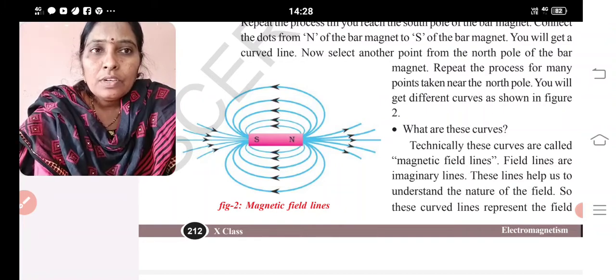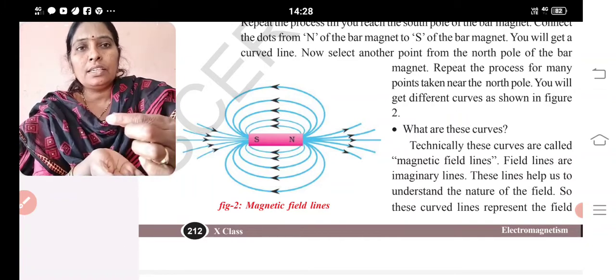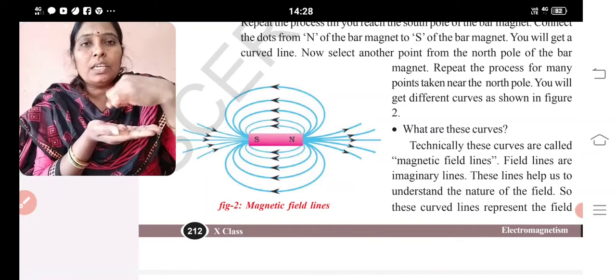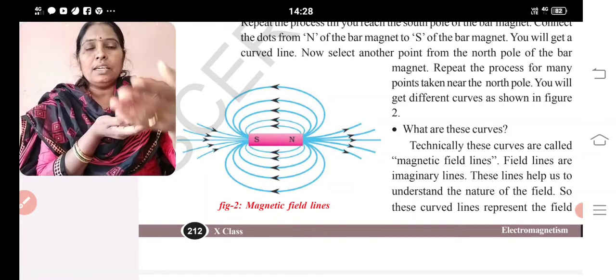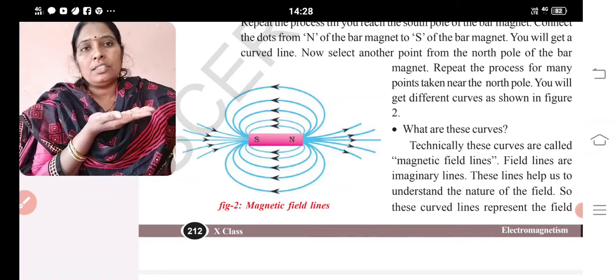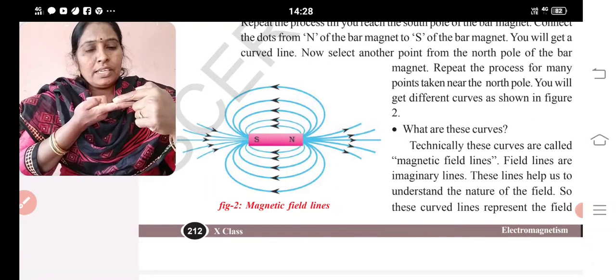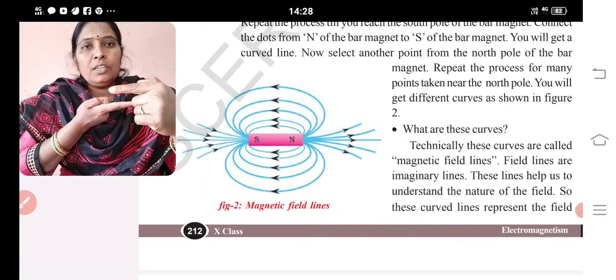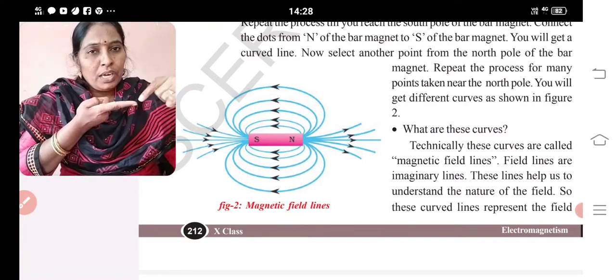At the first position, near that point, it is deflecting. Then move a certain distance, again it is deflecting. Move a certain distance, deflecting. So if we join them, it gives the curves, on either side of the bar magnet. Here also you can check. Suppose this is a bar magnet. This side, if you place the disc, it is deflecting. Here it is deflecting. Here it is deflecting. Just make a curve.